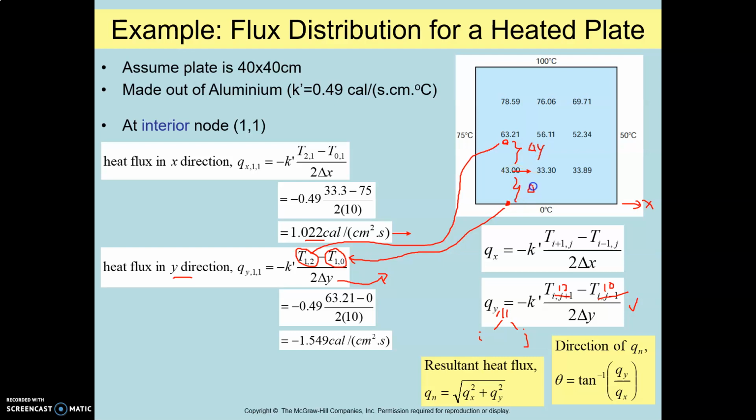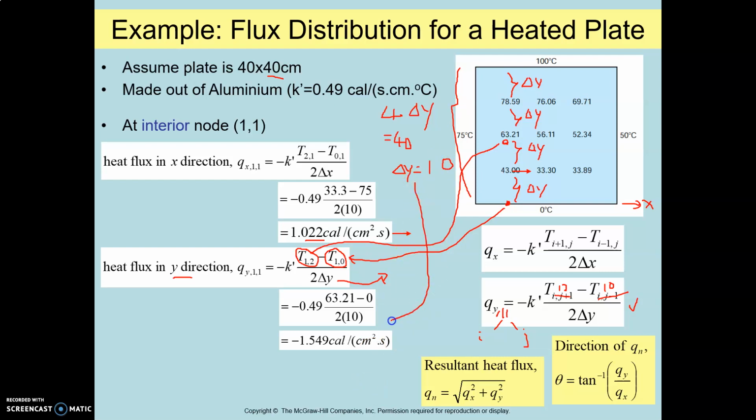So how many delta y you have here? So if you compute like this, you find that the total length in y-axis is 4 delta y. So the total length here is 4 delta y, and based on the given dimension is equal to 40. So same thing, your delta y is equal to 10 in this case.